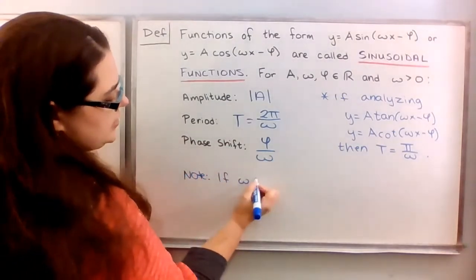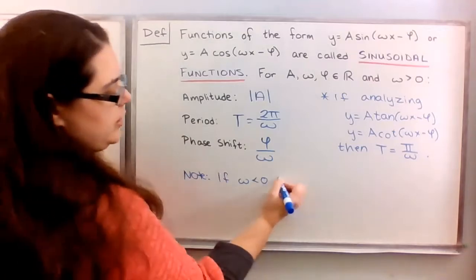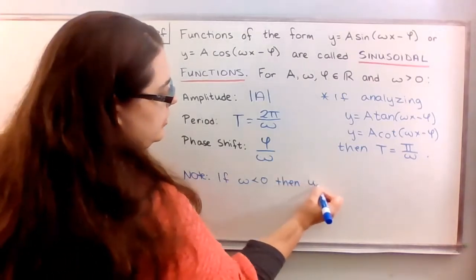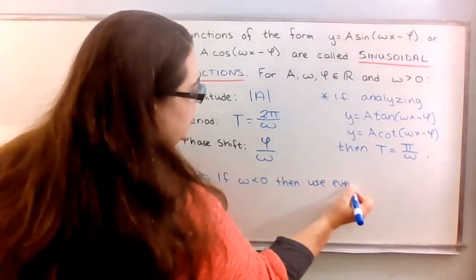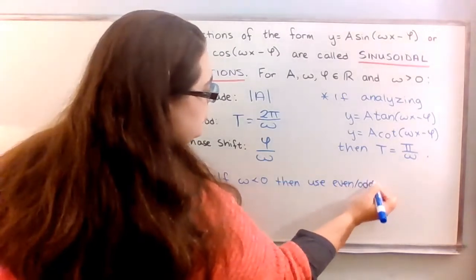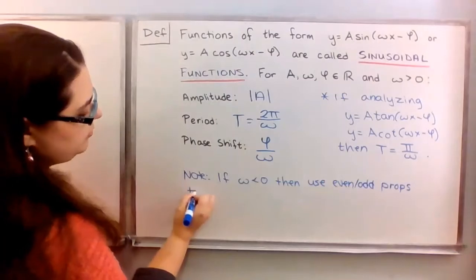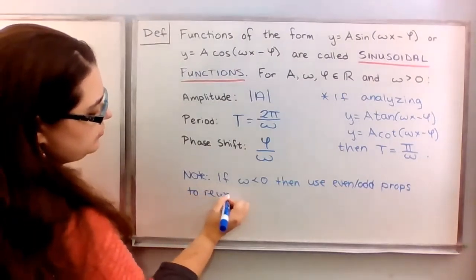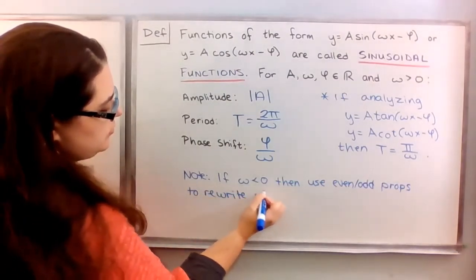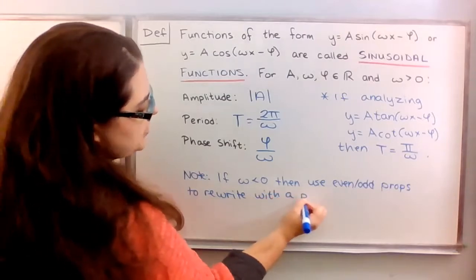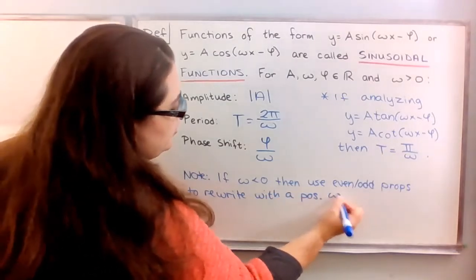If omega is less than 0, then use even or odd properties to rewrite with a positive value for omega.